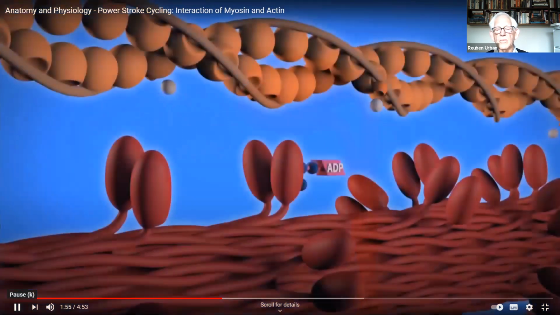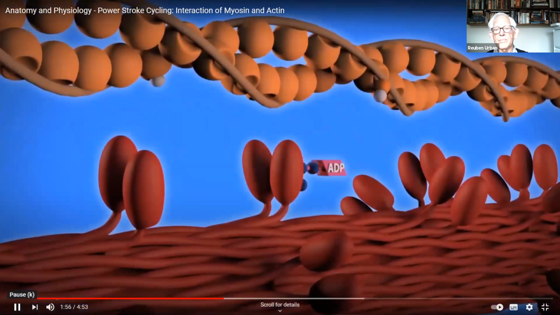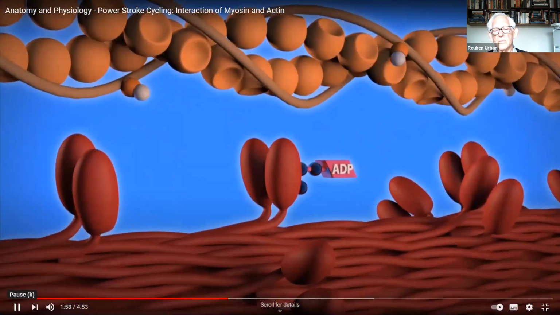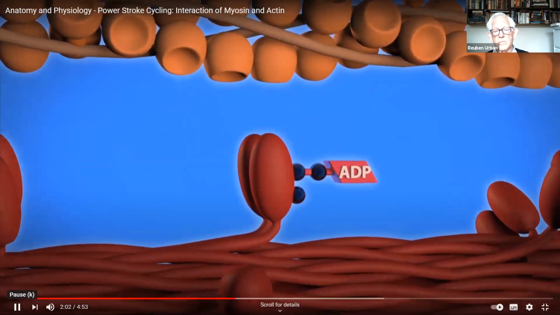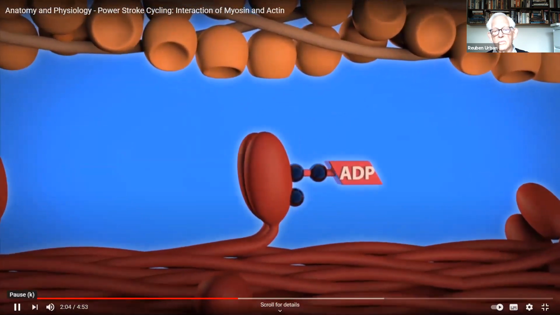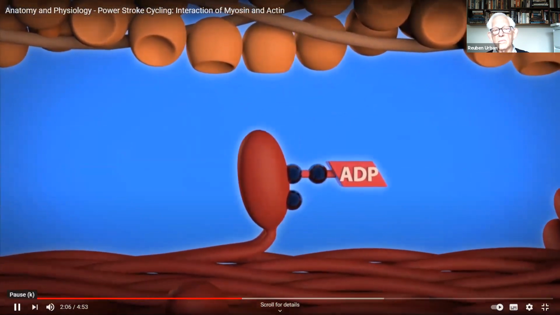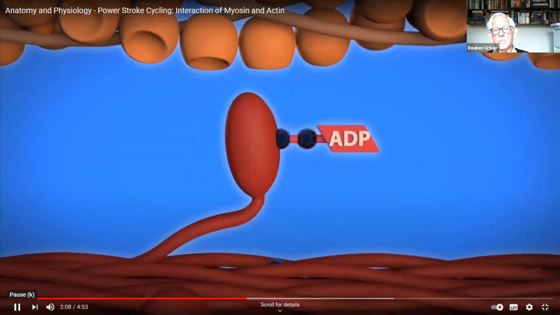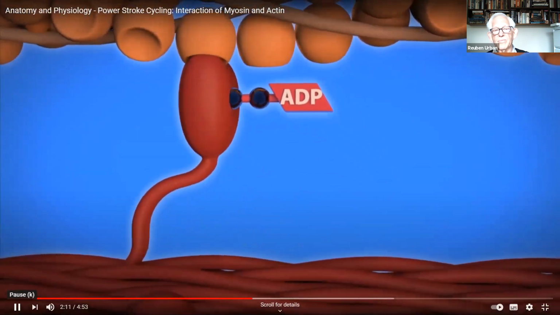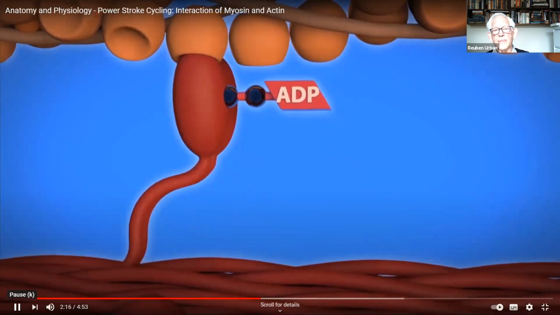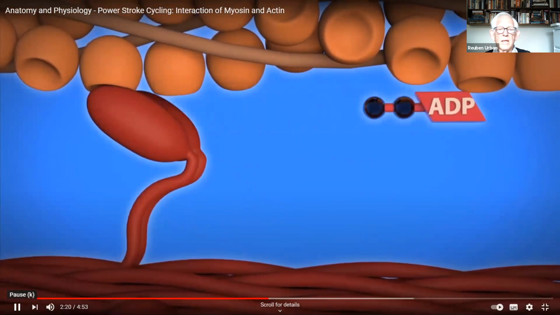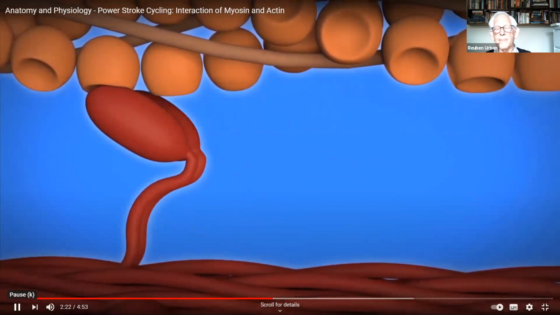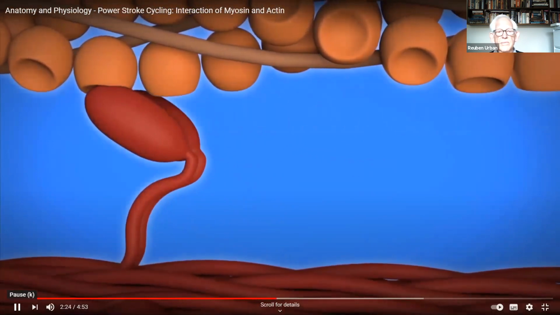The power stroke cycle begins when myosin binding sites on actin are exposed. The high-energy myosin head releases the inorganic phosphate ion and binds tightly to actin, forming a cross bridge. Myosin is unstable in this conformation and shifts to the low-energy form, releasing the bound ADP, or adenosine diphosphate.